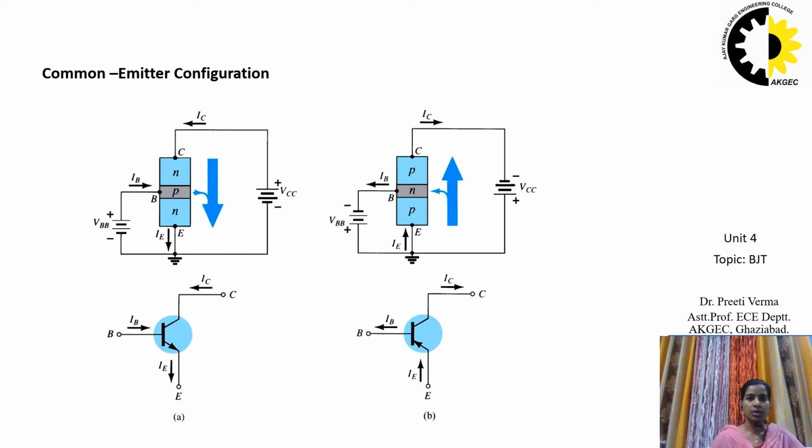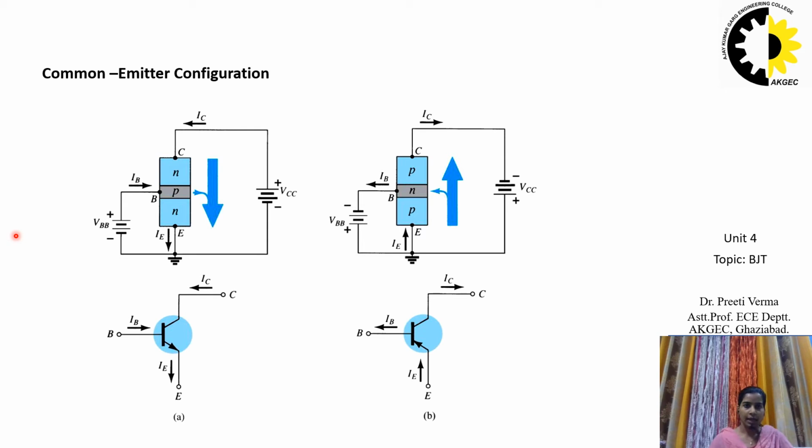Now coming to the next configuration of bipolar junction transistor, that is the common emitter configuration. The common base configuration we have seen, in which the base is common, on the same ground. Here we will have the emitter as the common terminal between the other two terminals.